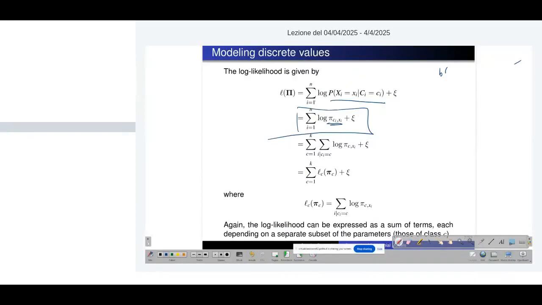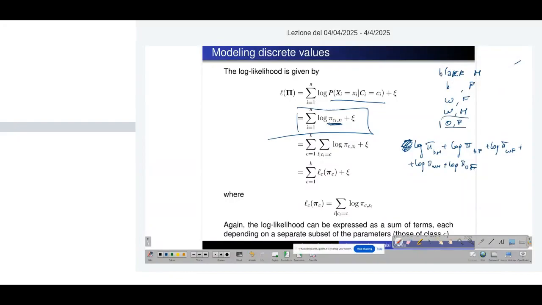We said that if we have black male, black female, orange male, orange female, and white male, now I'm not sure that I'm using the same, I think it was white male and orange female, then the log likelihood will look like a sum of log pi bm plus log pi bf plus log pi white f plus log pi white m plus log pi o n or f.